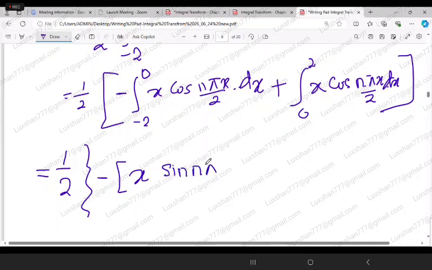Sine(n pi x by 2) into 2 over n pi, minus integration of x. Sorry, differentiation of x is 1, 1 into integration of this one. So integration of this one is actually minus cos.